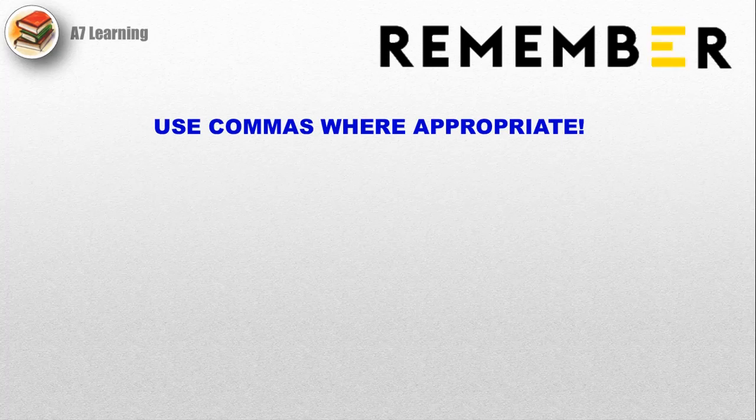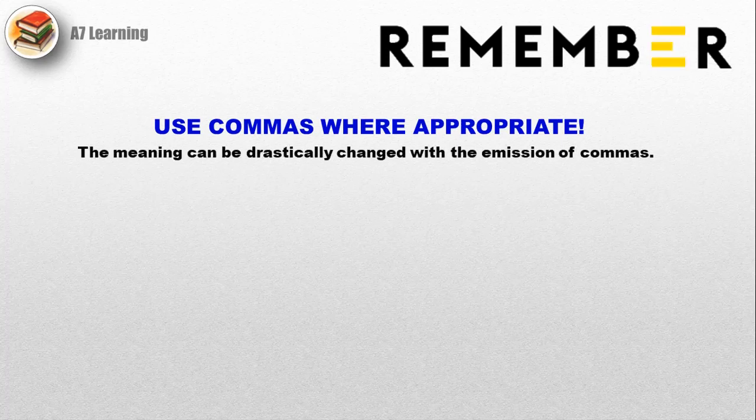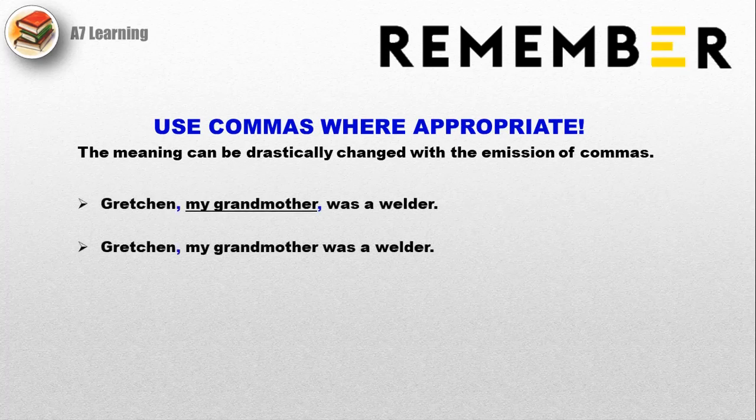Now, do make sure that you use commas when it's appropriate, because the meaning of what you write can be drastically changed if you take out commas. So with the appositive, I have an example here. Gretchen, my grandmother, was a welder. So this is an example of another appositive because my grandmother is telling us additional information about who Gretchen is.